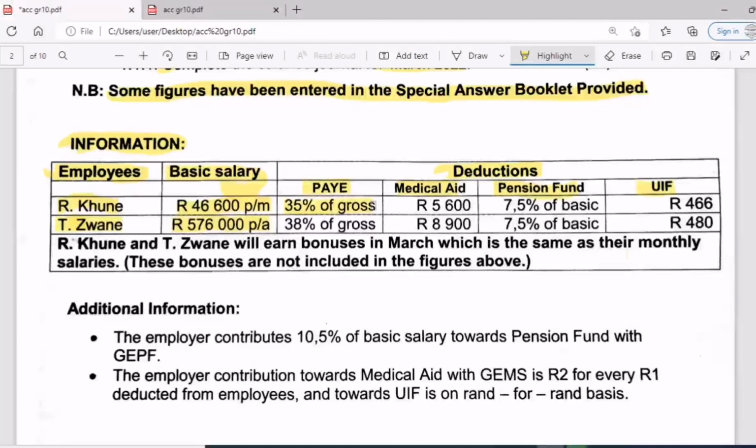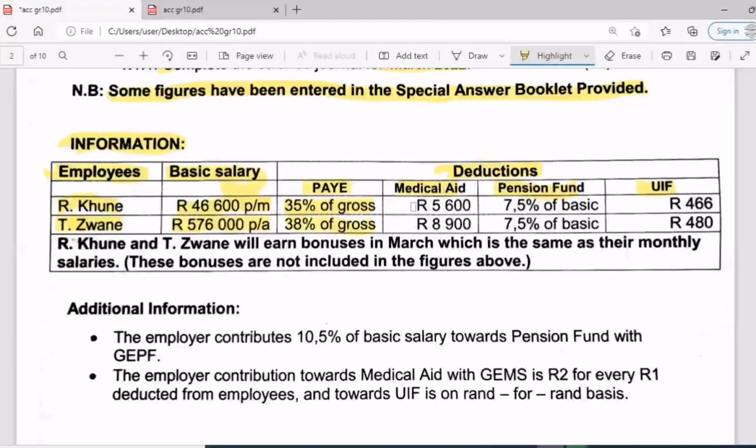The gross salary is the total earnings for an employee. I will show you the formula to calculate the gross salary as well. This 35% will be calculated on the gross salary for Kune, and for Tizwane, pay as you earn is calculated as 38% of his gross salary as well.